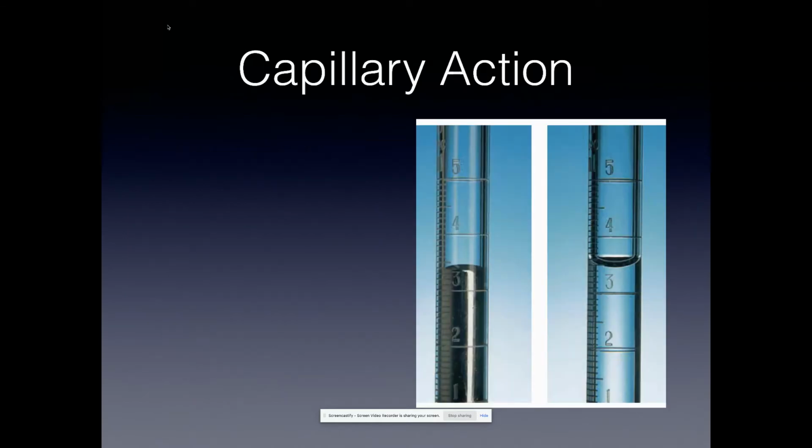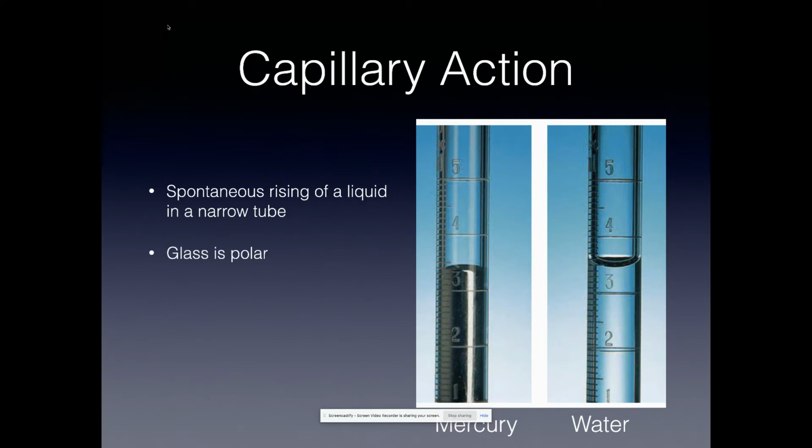Capillary action. You see here two burettes, one that contains mercury and one that contains water. And in the one containing mercury, you see a bit of a dome, something that is concave up, and then on the other side, concave down, okay, what we call a meniscus. Capillary action is the spontaneous rising of a liquid in a narrow tube, like a burette or a straw.